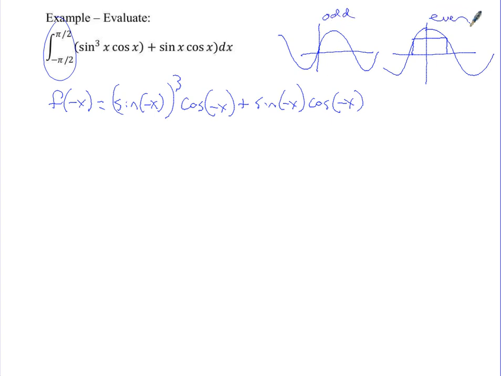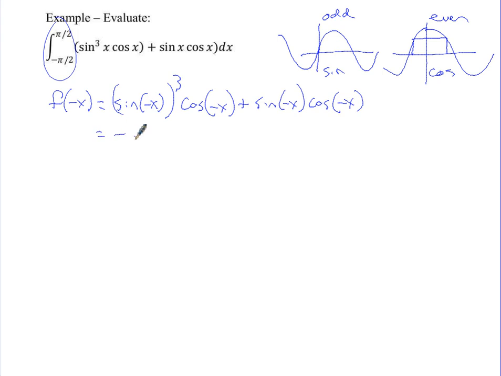This is sine, this is cosine. Okay, so if sine is odd, then that means if I plug in negative x here, I will get negative result. Okay? I change the sign here, I change the sign of the function. Now the negative function now is being cubed. So what do I wind up with?